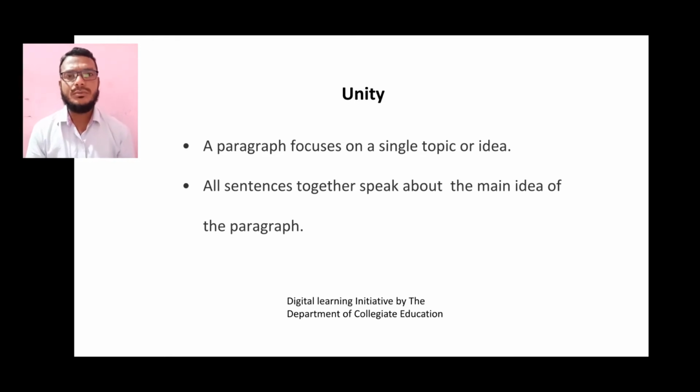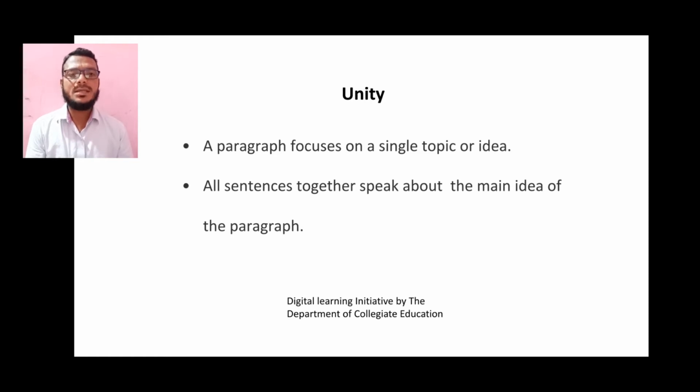When we are writing a paragraph on a particular topic, we should not deviate from that topic, and we should not write something else in that paragraph, or bring in another idea apart from that topic. The topic is very important. That is what we call unity.